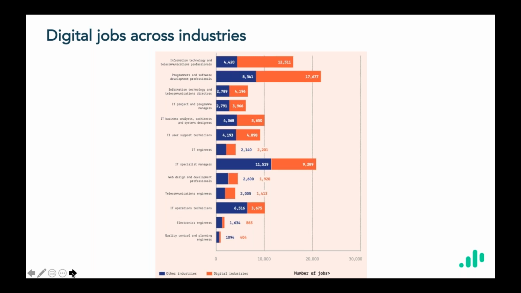And an example that jumped out at me on this slide here, so just about halfway down the chart on screen, we see there that there are actually more IT specialist managers employed in jobs outside of the digital sector than within the digital sector itself. So lots of jobs across a wide range of sectors absolutely do need digital skills, and you can apply this same methodology to pretty much every other sector category that you might think of.